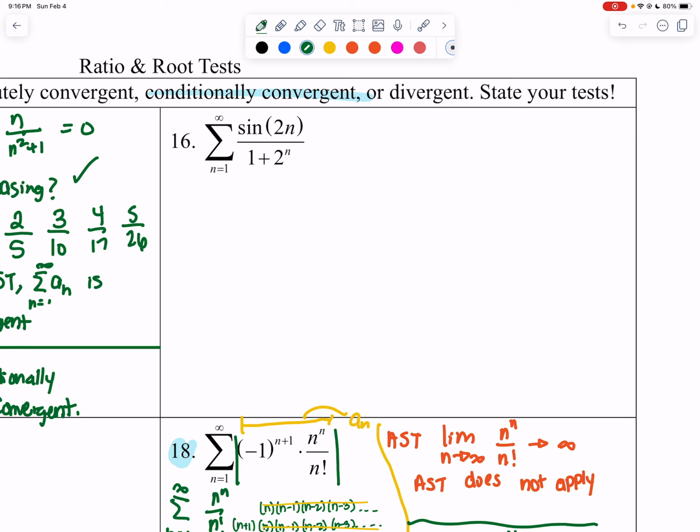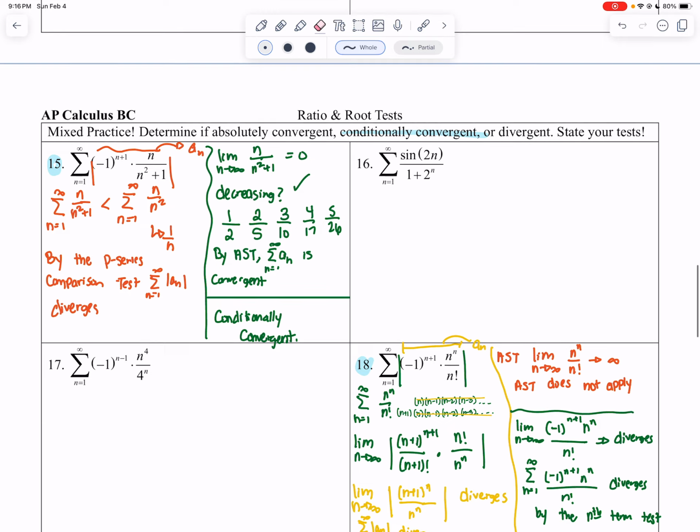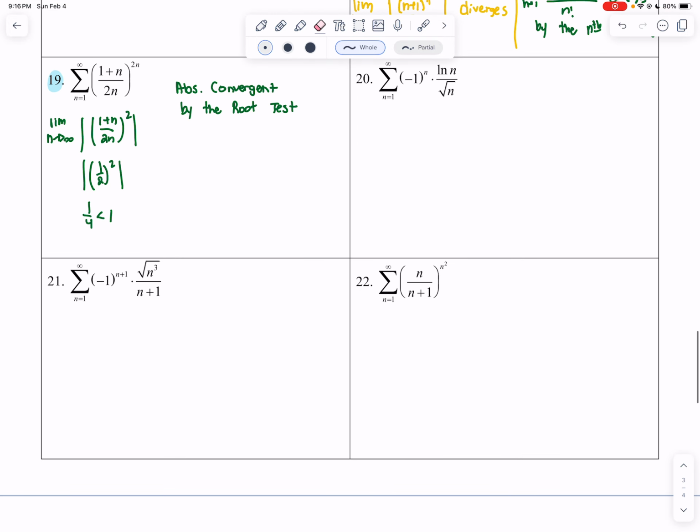So probably the comparison test with the geometric series maybe, since I have 2 to the n right here. But try to compare that with something that works in terms of 16, and then we're good.